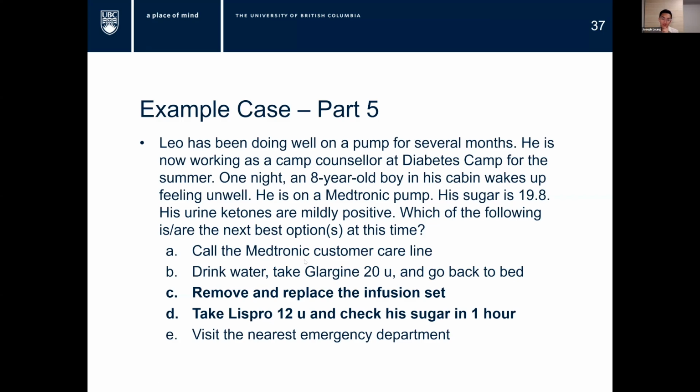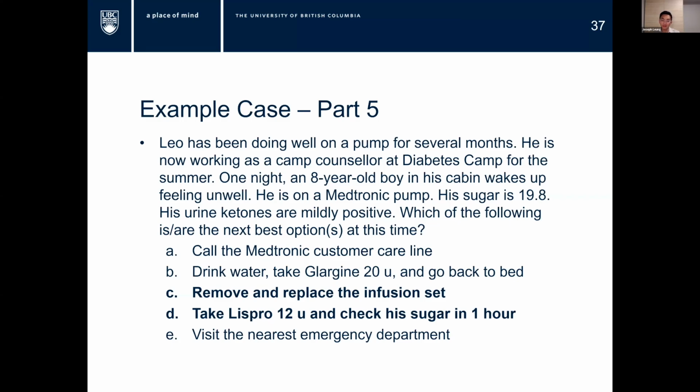As for the other answers, you can always call the customer care line. They're very helpful and available 24/7. If there's a pump failure, these pump companies can get insulin pumps to an individual, even in a very remote location, within 24 hours. At diabetes camp, we are quite a ways away from Vancouver.